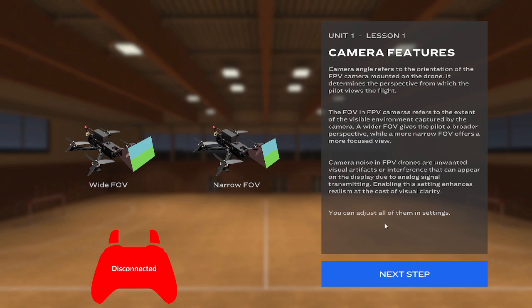Camera noise in FPV drones is unwanted visual artifacts or interference that can appear on the display due to analog signal transmitting. Enabling the setting enhances realism at the cost of visual clarity. You can adjust all of them in settings. Great.